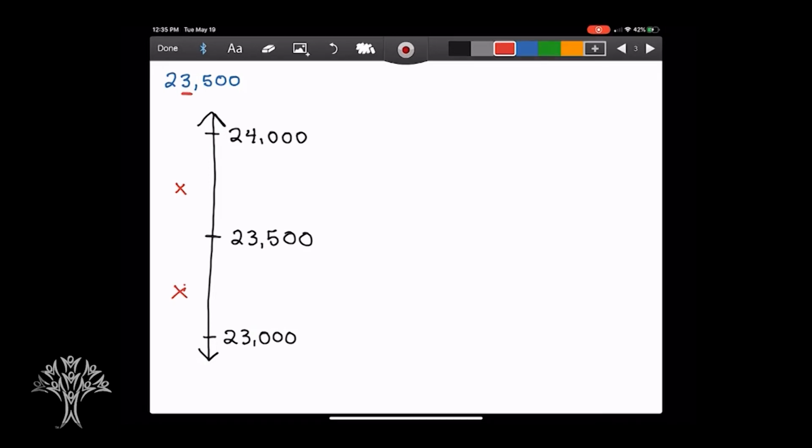You might be looking at that number and saying, hey, it is the midpoint. It's exactly the same amount. Well, mathematicians made a decision that if the number is exactly the midpoint, we're still going to round up. So whenever it's the midpoint or bigger, we're going to round up.